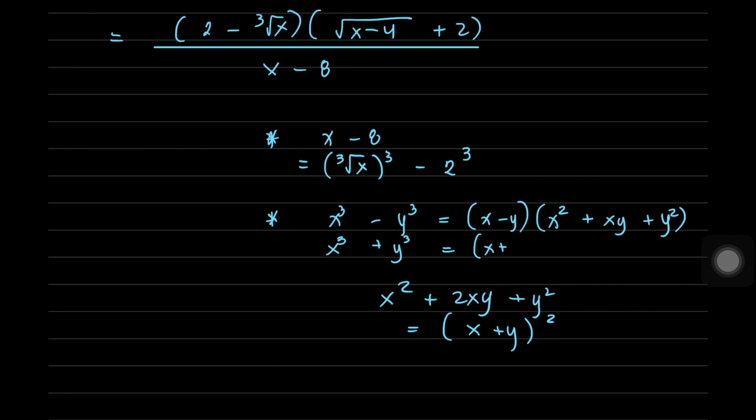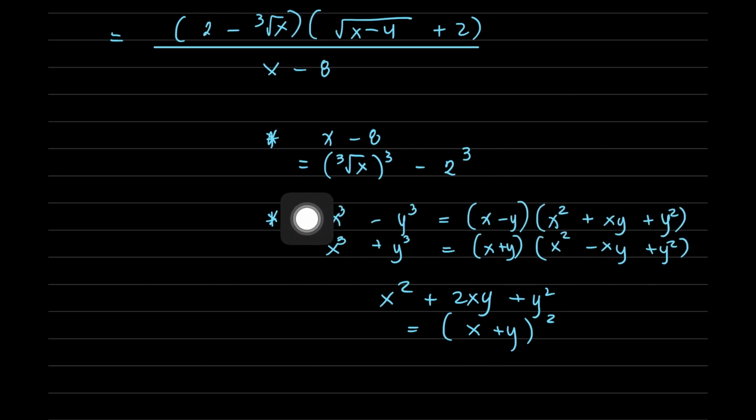This is x plus y multiplied by x squared minus xy plus y squared. Right? So if we're going to apply this property in this one, we can have it as cube root of x minus 2 multiplied by, right?